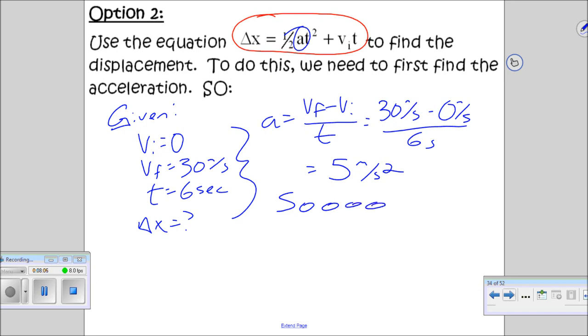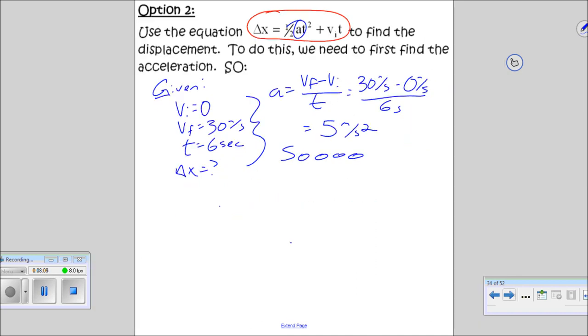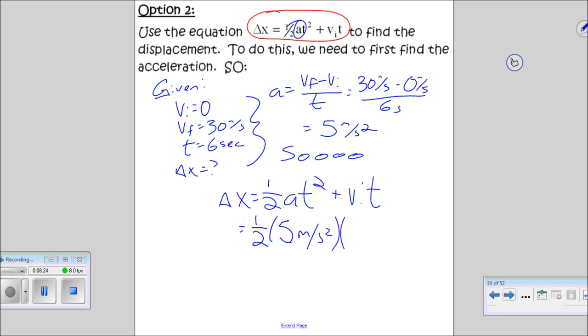So now we can use this new equation. Our acceleration is 5 meters per second squared, our time is 6 seconds. Don't forget to square it. That represents how far the object would go just due to the acceleration, but then we have to add on how far it goes because of the starting velocity, which in this case is 0. So Vi is 0 times 6.